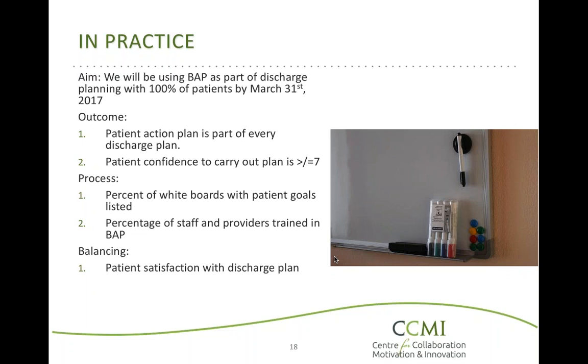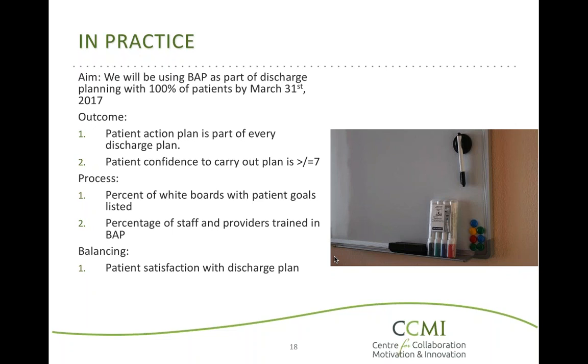And so we make an assumption that the process measure, is somebody using a questionnaire consistently, is a surrogate for a good outcome. And I think the caution there is to put the effort into developing and being able to measure those outcomes that are really important in patient care.